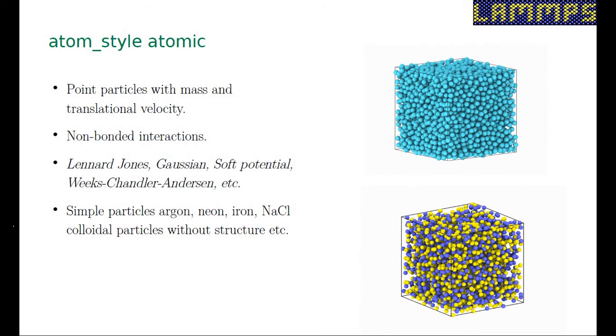We also have non-bond interactions among the particles, such as Lennard-Jones, Gaussian, soft potential, Weeks-Chandler-Andersen, etc. Examples of this atom style are simple particles such as argon, neon, iron, salt, and colloidal particles without structure.